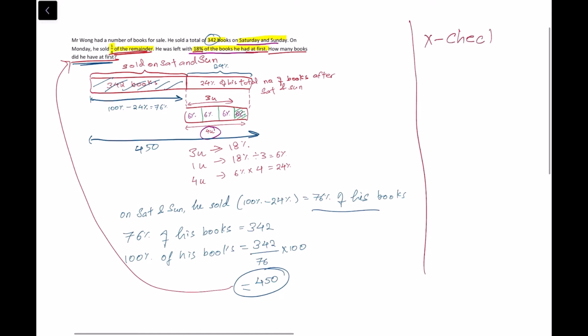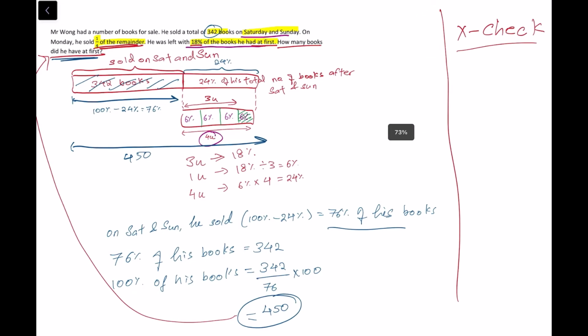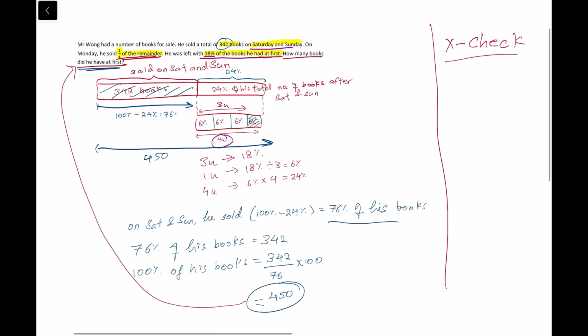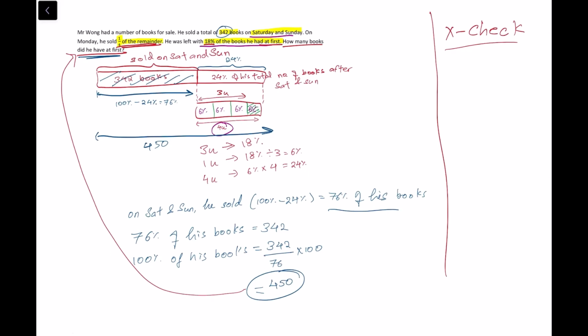Cross-checking is a good skill for your examinations. Although it might take some time at first, the more you practice at home, the faster you will be at cross-checking your answers. It has saved me quite a few marks in my PSLE examination. So, back to the question.